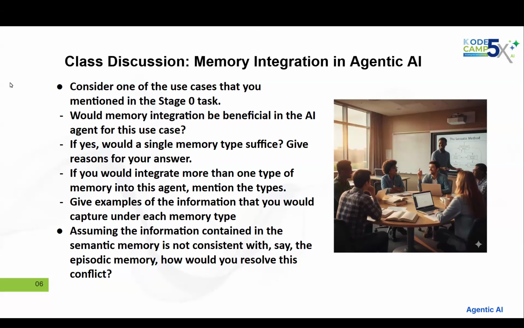Okay, if I would do that, one I would go with is episodic memory. The reason is that this will capture past interactions with the user, such as previous complaints, maybe repeated bugs if the user is consistently experiencing constant bugs.